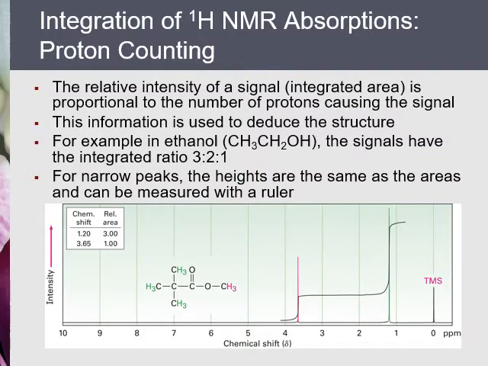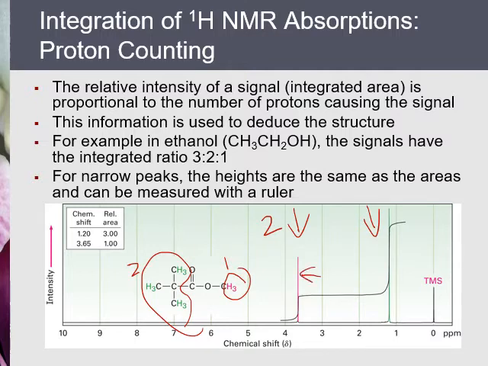In the last slide, we showed that in an NMR spectrum, the number of absorption peaks tells us how many types of hydrogens are in a molecule. In this case, we have 2 absorption peaks. That indicates we have 2 types of hydrogens in this molecule. The location of these absorption peaks tells us what types of hydrogens they are.